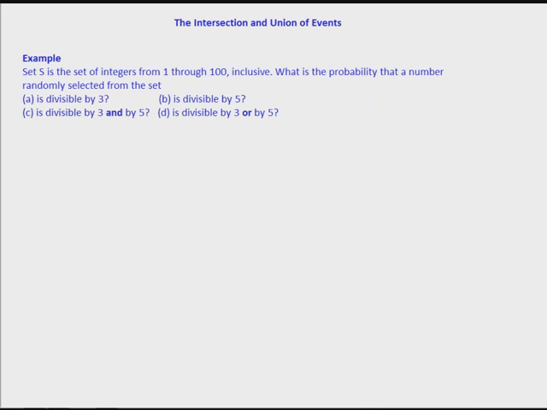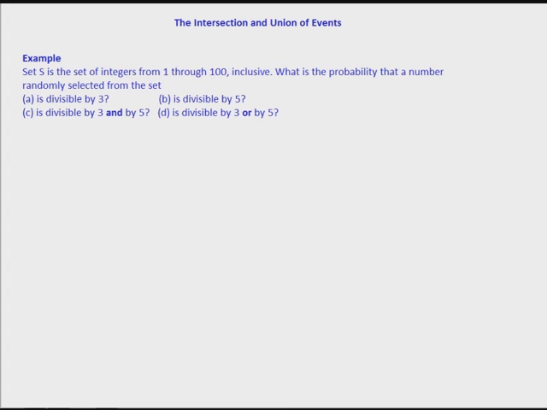Let's see what this has got to do with probability. Recall that an event is just a subset of the sample space, being the set of all outcomes. So basically, sample spaces and events are just sets. And to calculate probability, we count the number of elements in these particular sets. Let's look at an example. The set S is the set of integers from 1 to 100.